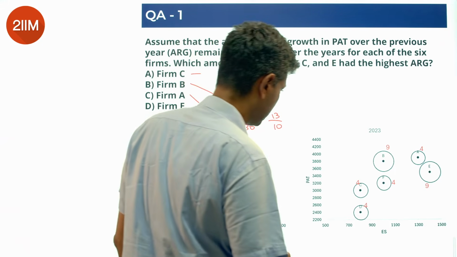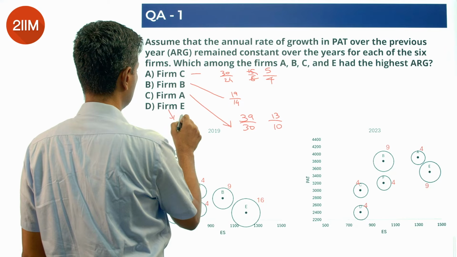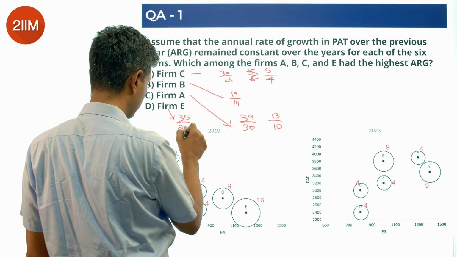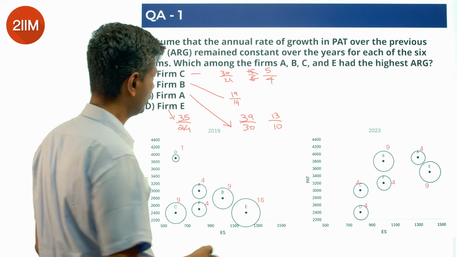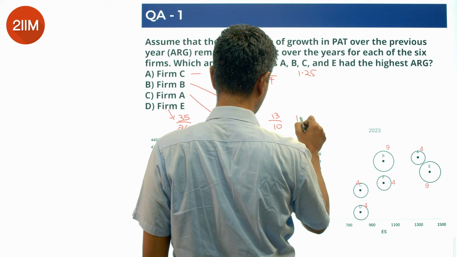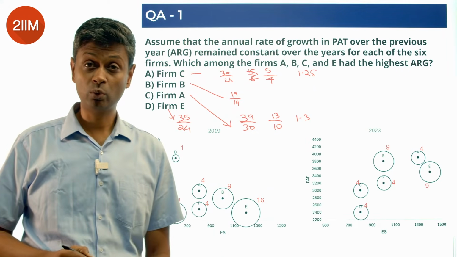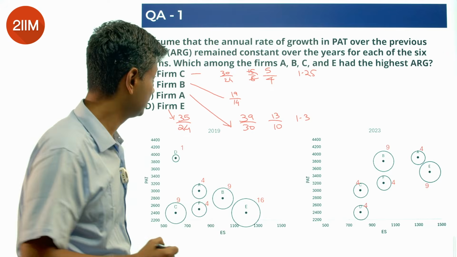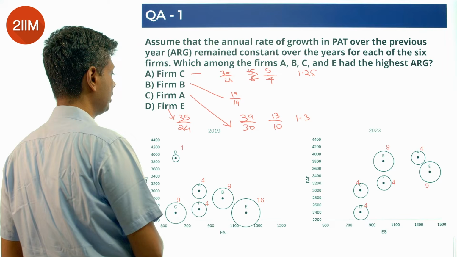E there is 3500, E here is 2400. Is 35 by 24. 5 by 4 is 1.25. This is 1.3. 19 by 14. 5 by 14 is more than 1/3. This is higher. This is 11 by 24. Even higher. 35 by 24.